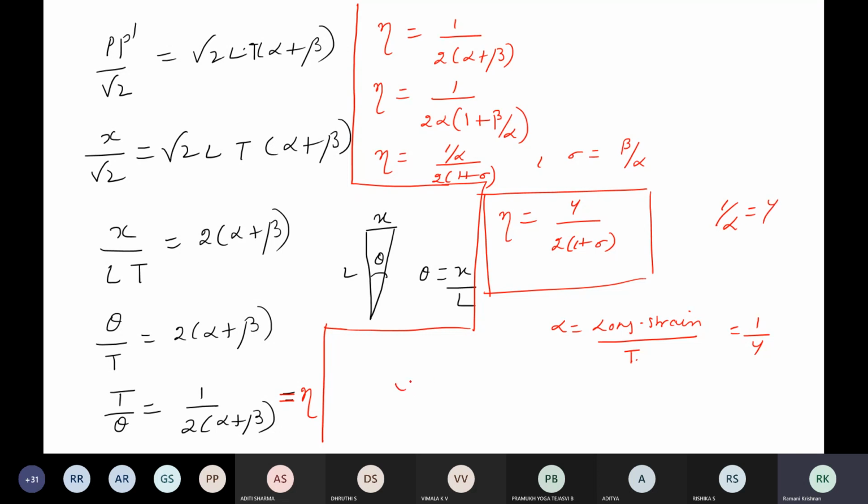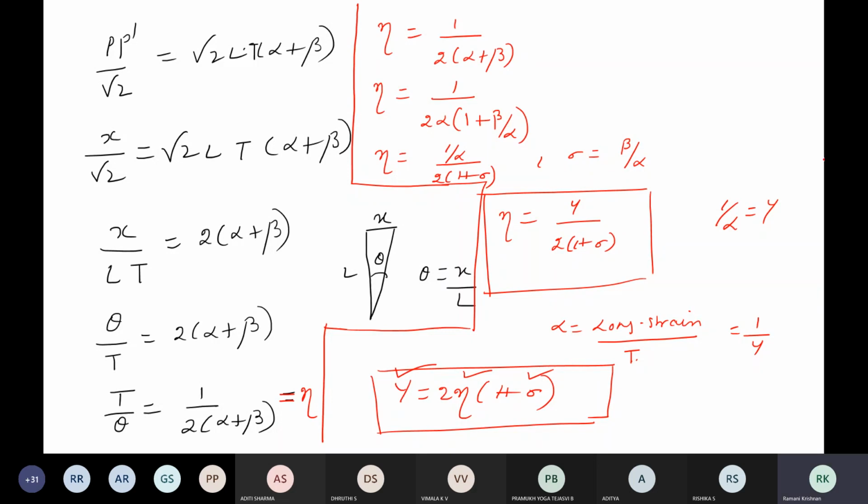So this is the relation: Y equal to 2 eta into 1 plus sigma, a relation between Young's modulus, rigidity modulus and Poisson's ratio. So this is the topic we have seen.